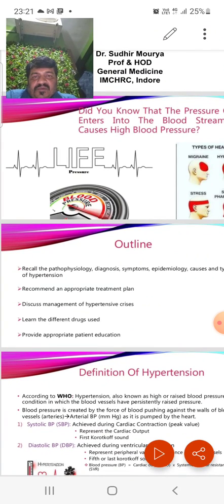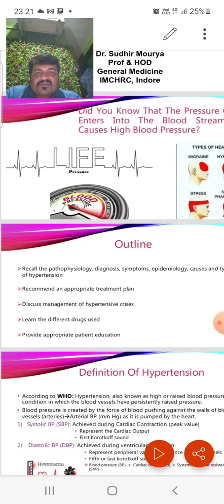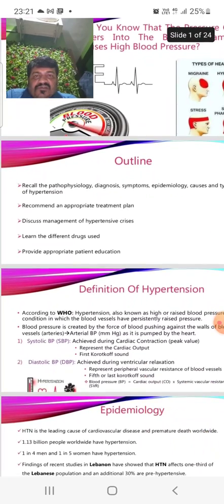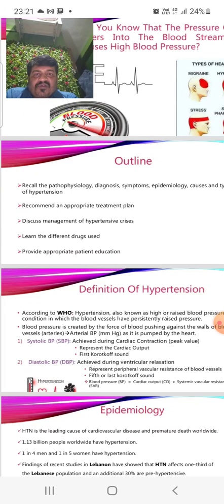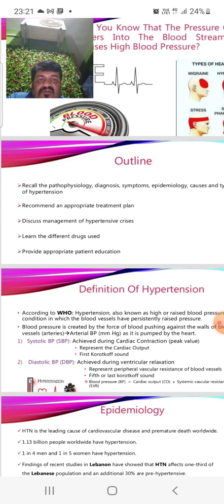Second, recommend an appropriate treatment plan. Third, discuss management of hypertensive crisis. Fourth, learn the different drugs used in case of hypertension and provide appropriate patient education.